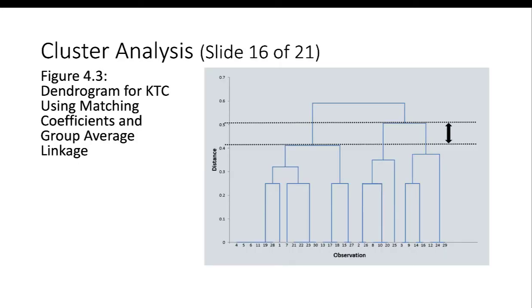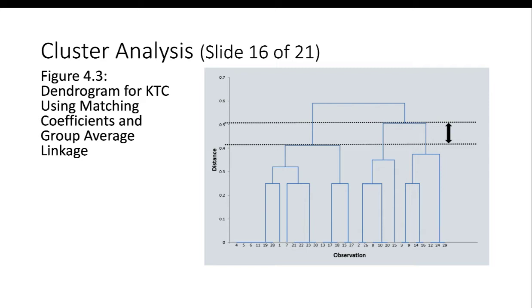So this figure shows a dendrogram to visually summarize the output from a hierarchical clustering using the matching coefficient to measure the similarity between observations, and using the group average linkage clustering method to measure similarity between clusters. Again, you can create this dendrogram using Analytic Solver or Python or other data mining software.